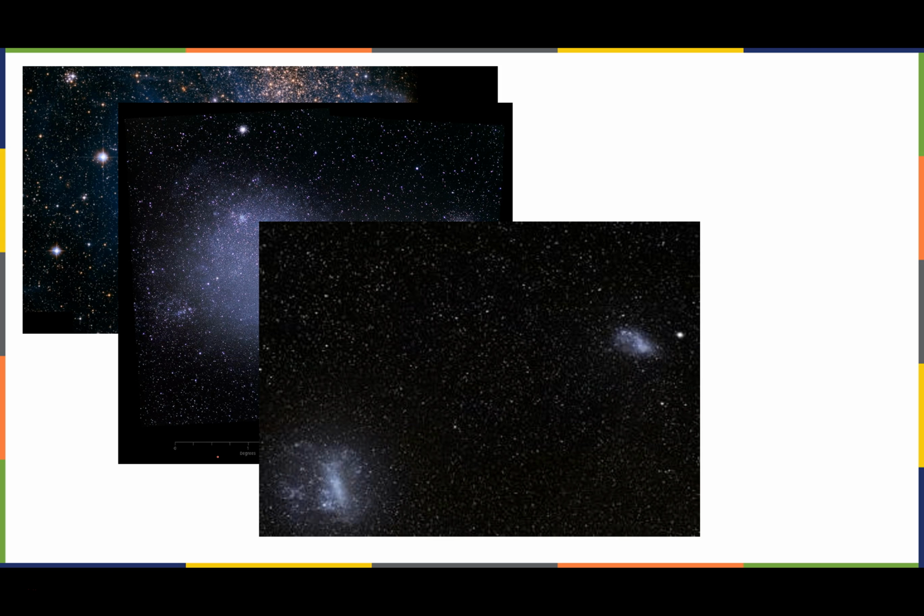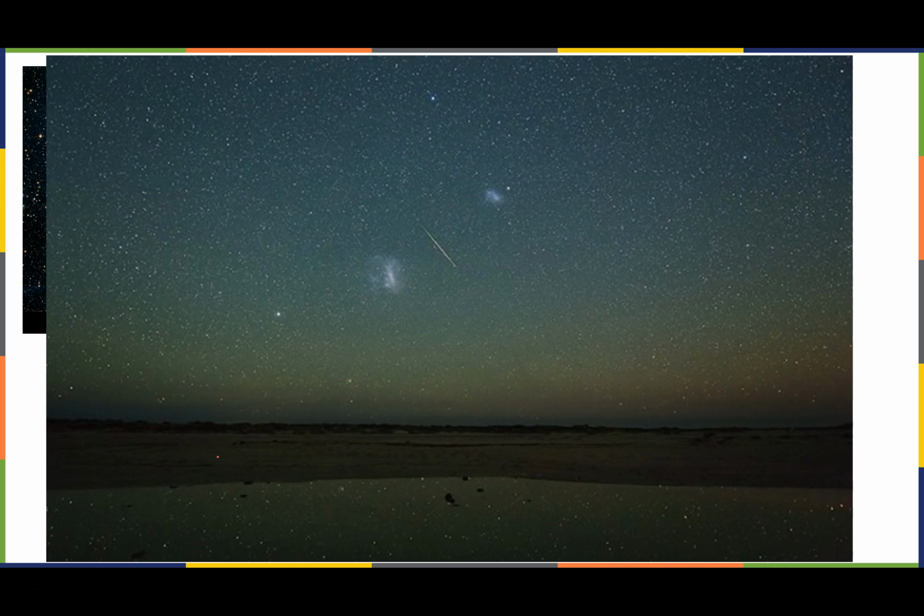It's a Small Magellanic Cloud. This is a Large Magellanic Cloud. And you can kind of get a sense of scale maybe. This is like some beautiful landscape in the southern hemisphere. And if your skies are clear, actually you can photograph these. And that might be a meteor shooting between the Small and the Large Magellanic Cloud. I did not take this picture.